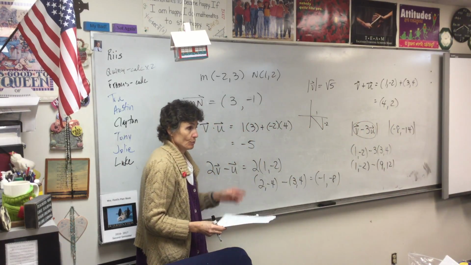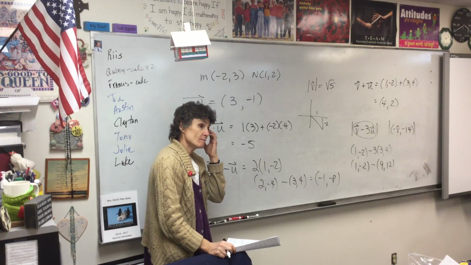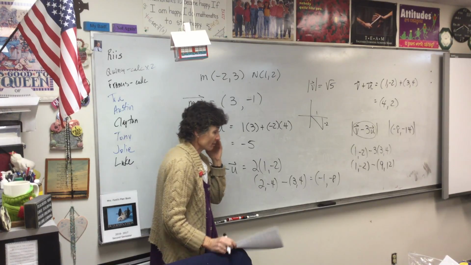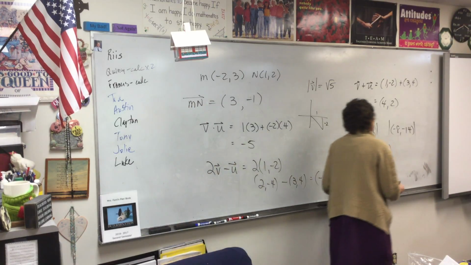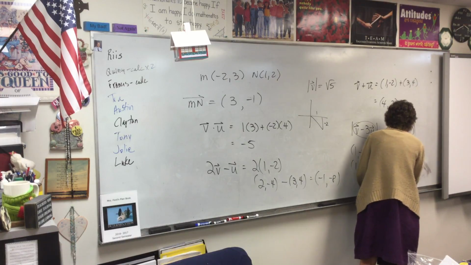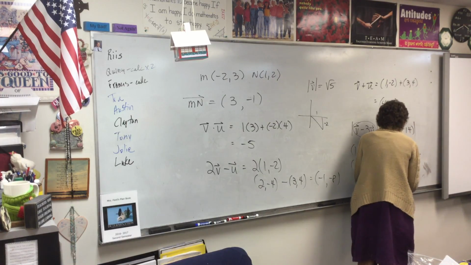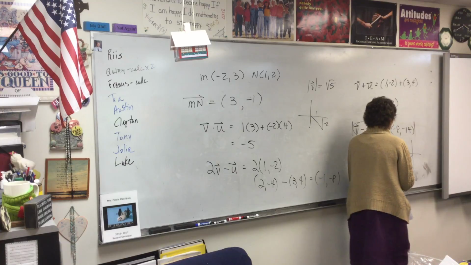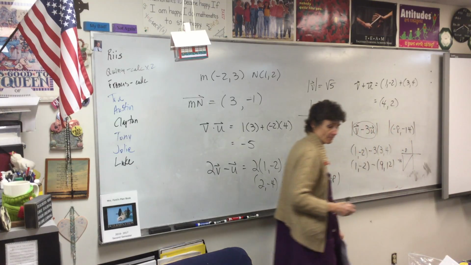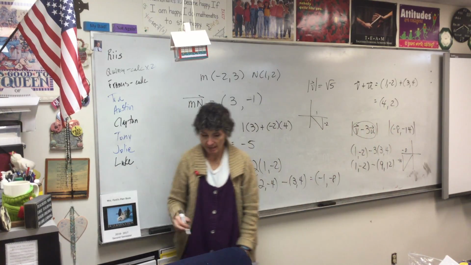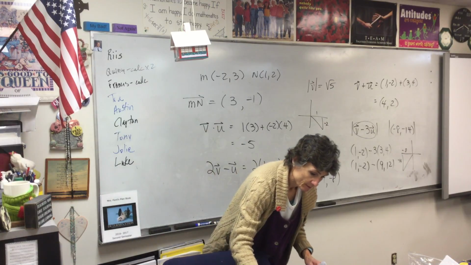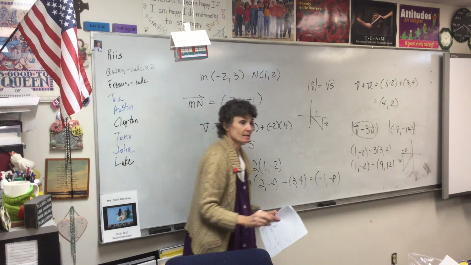Now I do my magnitude, which means Pythagorean theorem. So that's going to be the square root of 64 and 196. What is that? 260.